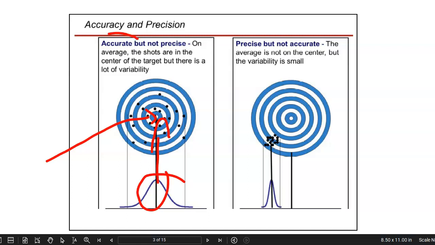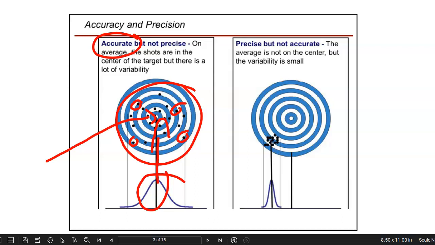We'd call it accurate. But the reality is that of each one of those recorded values, very few of them actually are hitting on the true standard. So, while technically it's accurate because the overall average of these data points is right on our standard, it's not very precise. It's all over the board.